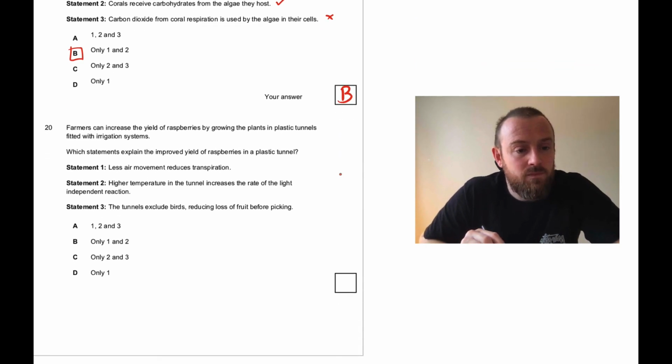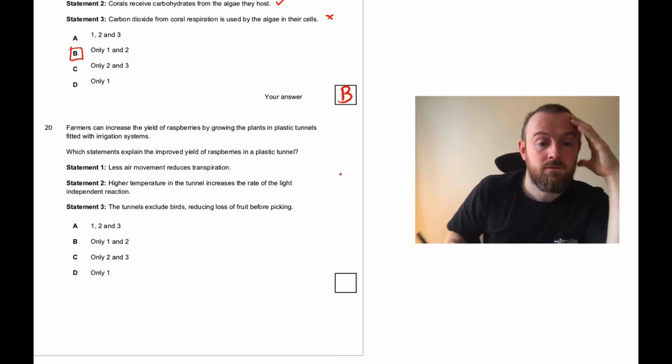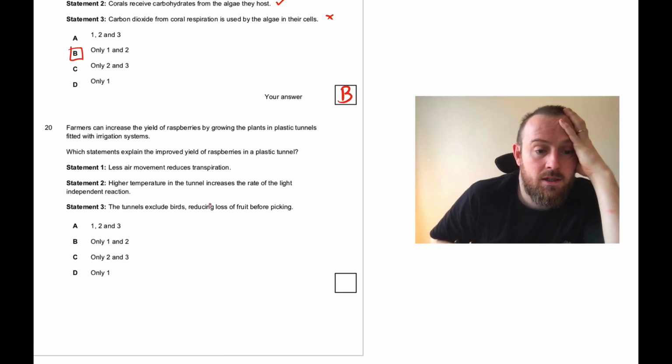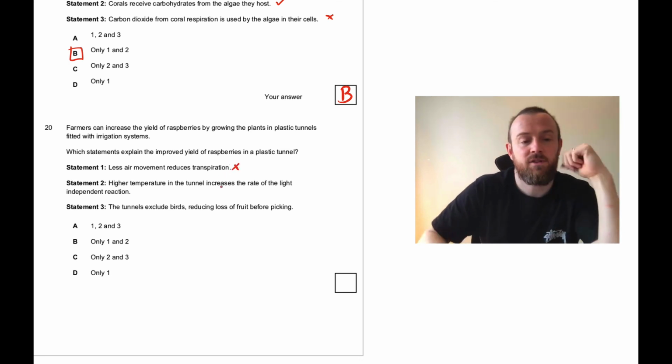20. Farmers can increase the yield of raspberries by growing the plants in plastic tunnels fitted with irrigation systems. Which statement explains the improved yield of raspberries in a plastic tunnel? Okay, well, we want to think about things that increase the rate of photosynthesis. So I don't think reducing transpiration affects photosynthesis.